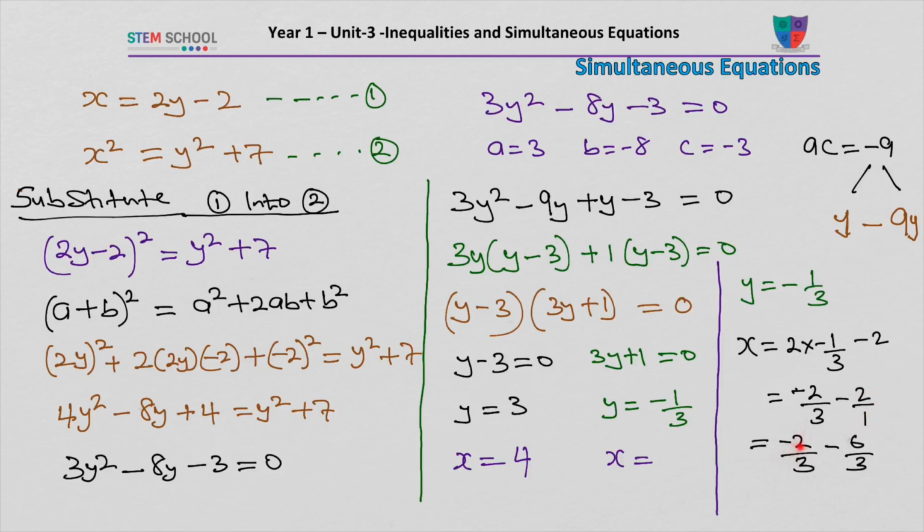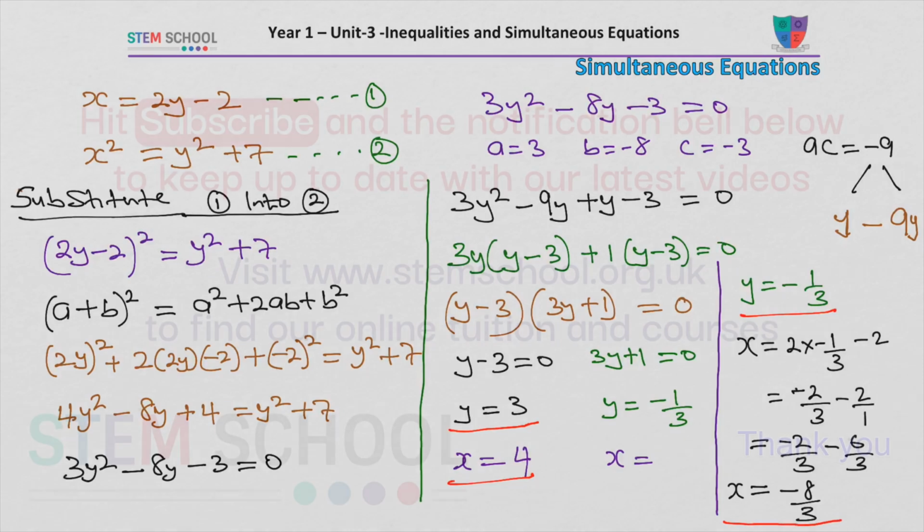And that gives minus 2 over 3 minus 6 over 3, and that gives minus 2 minus 6 is minus 8 over 3. So x equals minus 8 over 3 when y is minus 1/3. So when y is 3, x is 4. And when y is minus 1/3, x is minus 8 over 3.